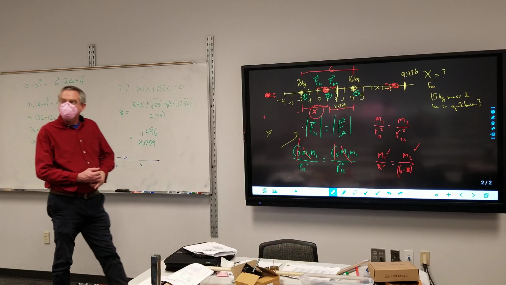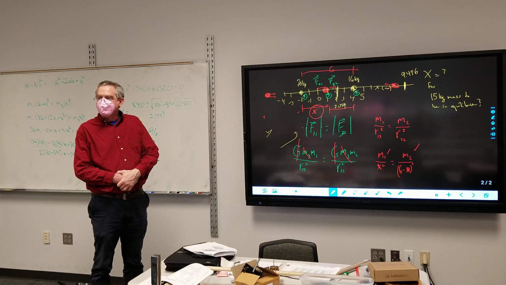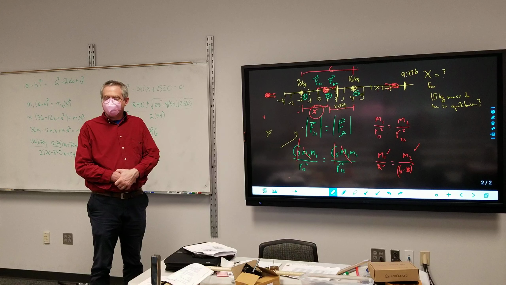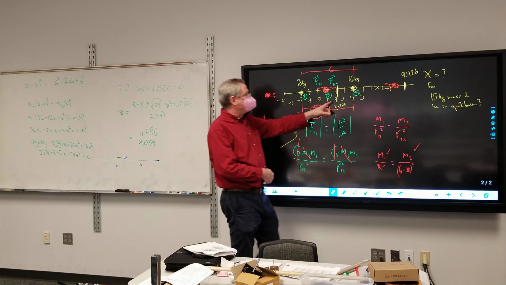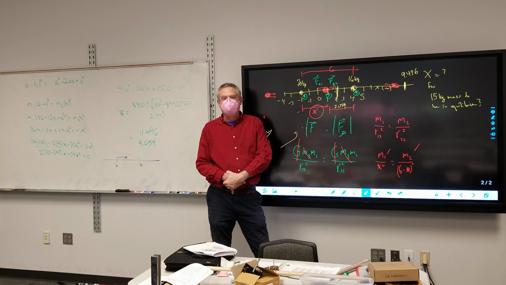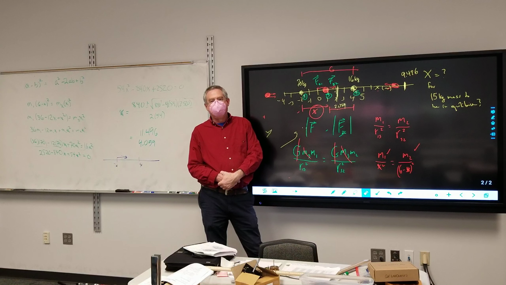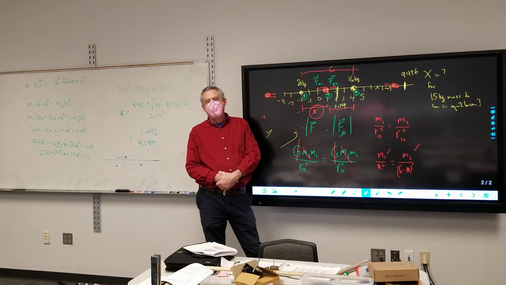Because it's the gravitational force, we are working with the gravitational force. That's not different between this spot and that spot. Would it make the 16 kilogram the middle one, and that would make it in equilibrium?